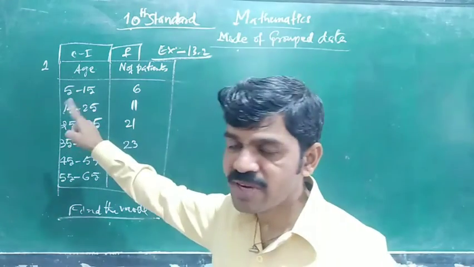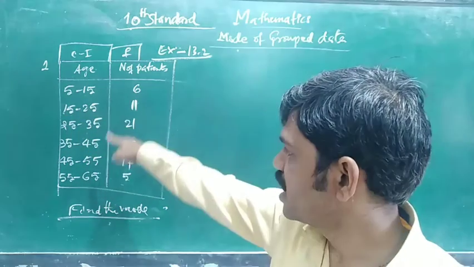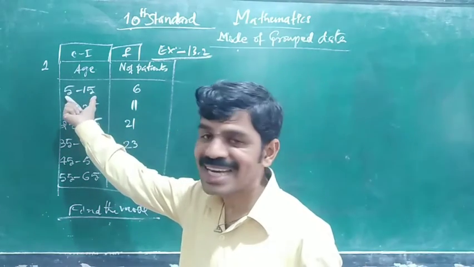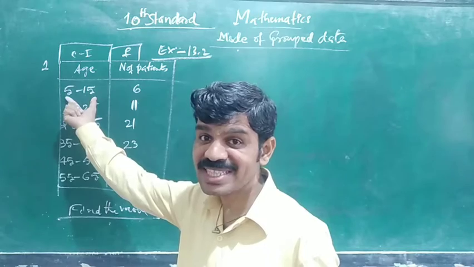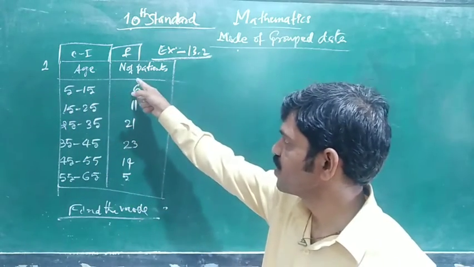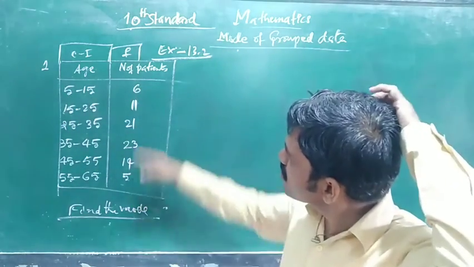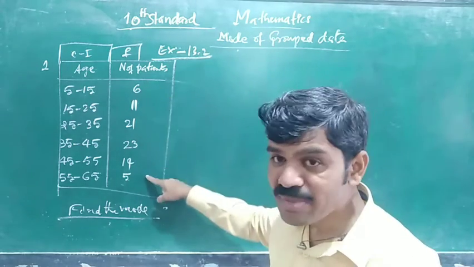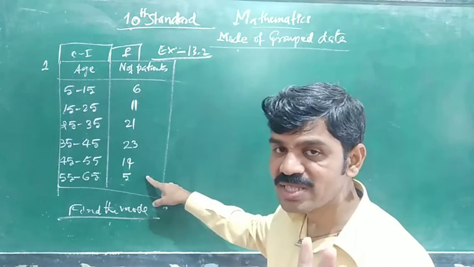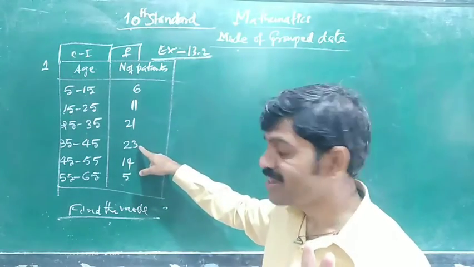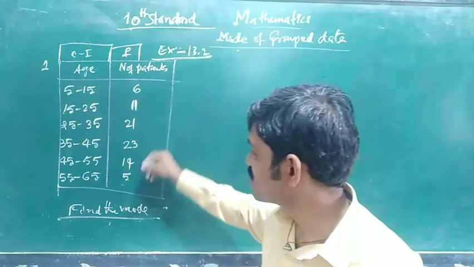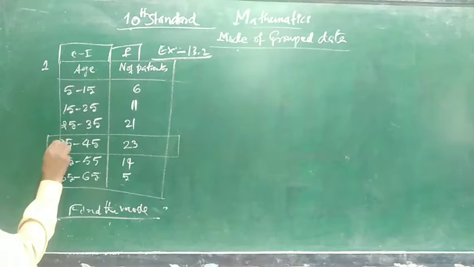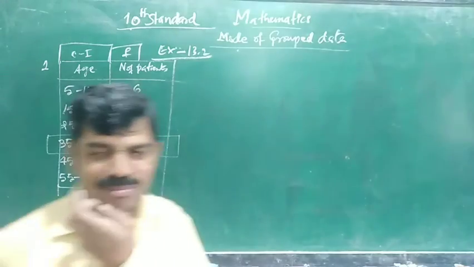This is class interval 5 to 15 and 55 to 65. We know that. What is the size of the class interval? That is 10. So number of patients 6, 11, 21, 23, 14, 5. Which number is more, what is the highest frequency in this? So we can see that 23. So this is the model class.